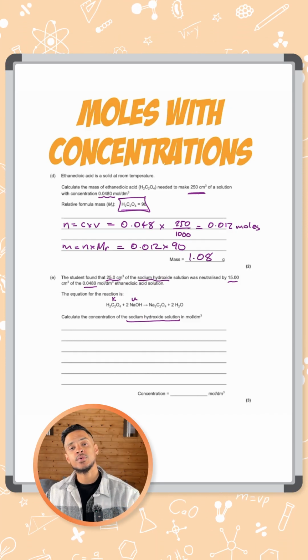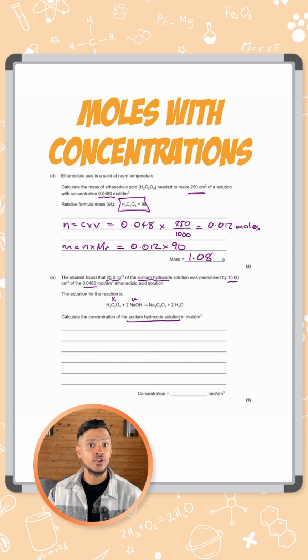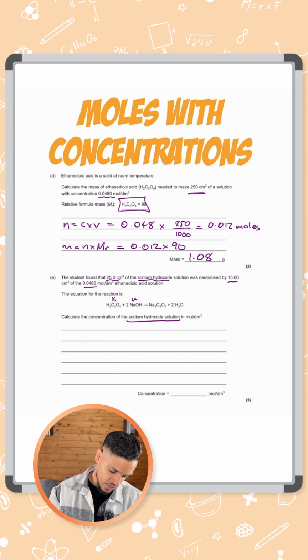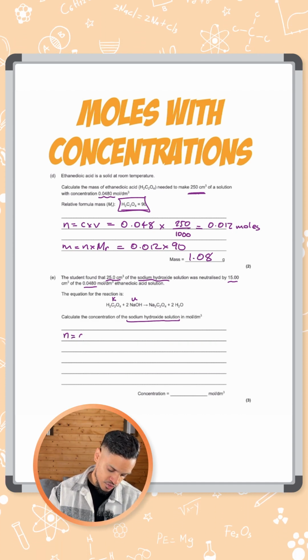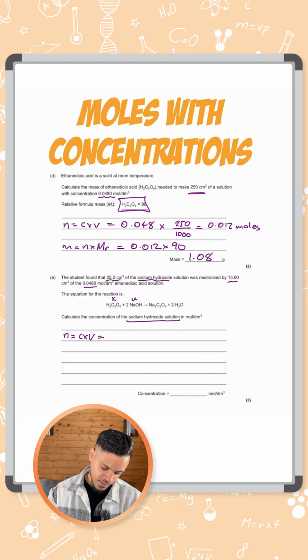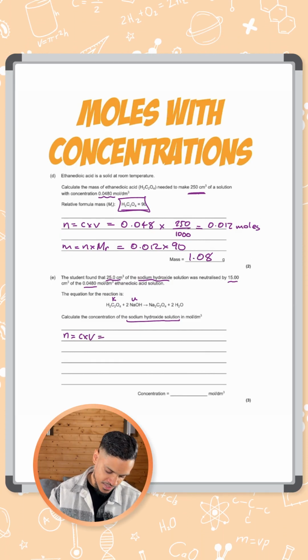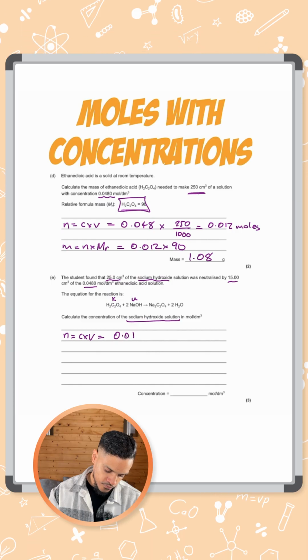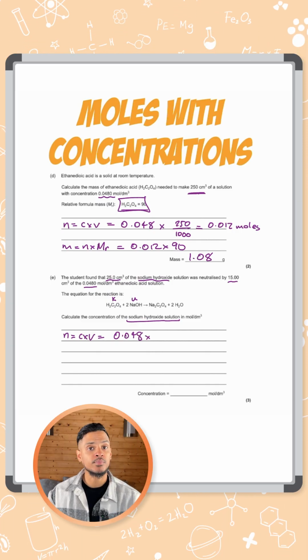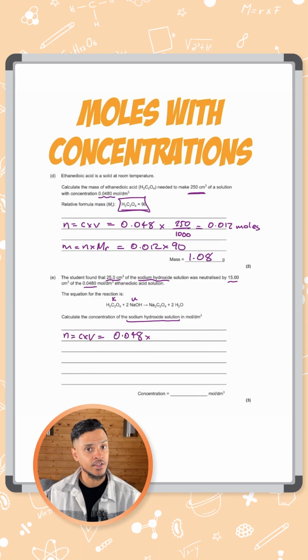So the first thing we want to do is find out the moles of our known substance. So we're going to do that using moles equals concentration times volume. We're going to get the concentration of the ethanoic acid because that's our known. So that's 0.048, and then we're going to multiply that by the volume of the ethanoic acid.